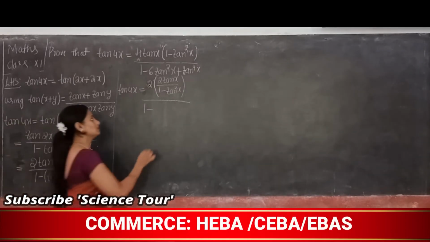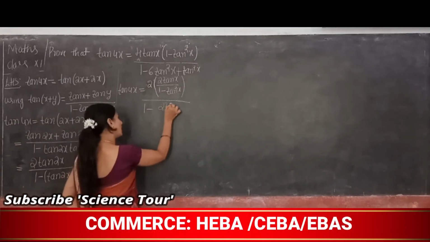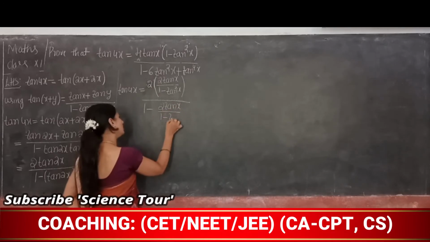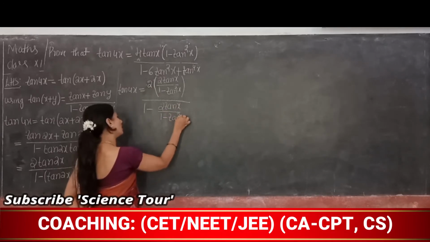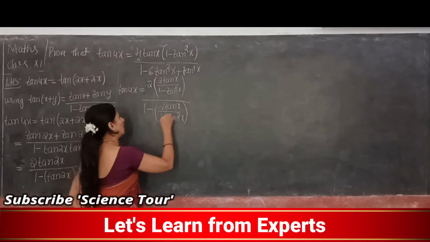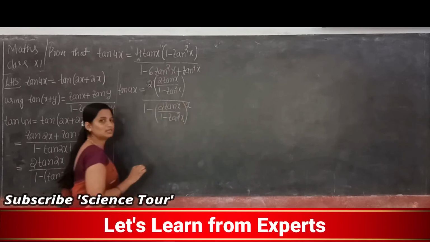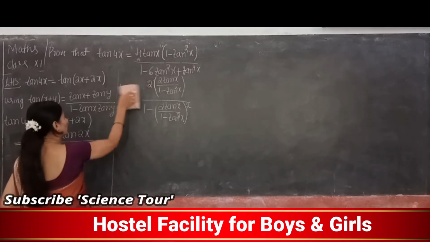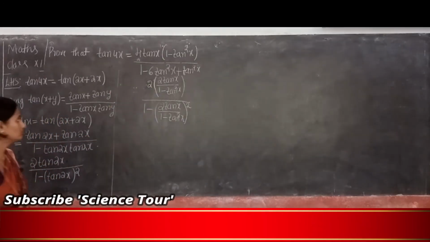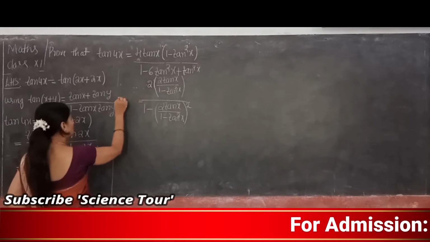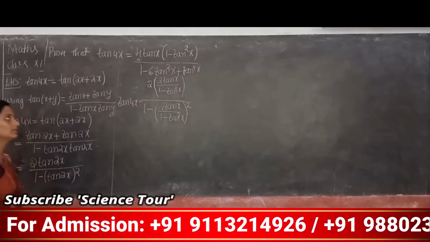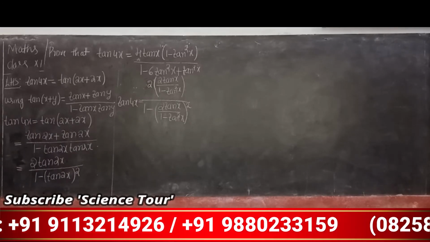Tan 2x is 2 tan x divided by 1 minus tan square x, whole square. So which is equal to tan 4x. Is this clear? Clear, no?